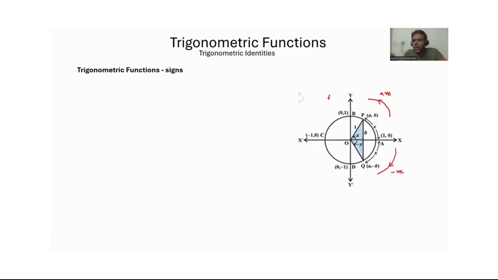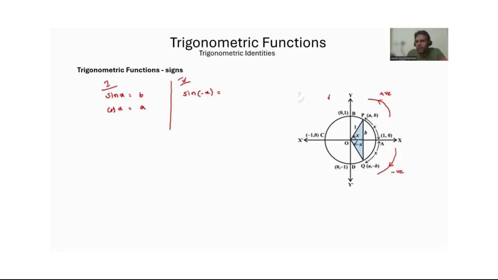Right? So what will be the value of sine and cos for a clockwise angle and an anti-clockwise angle? In the first quadrant, sine x value is b, and cos x value is a, right? Now, what will happen if it is in the fourth quadrant? The angle is minus x, so what is sine of minus x?